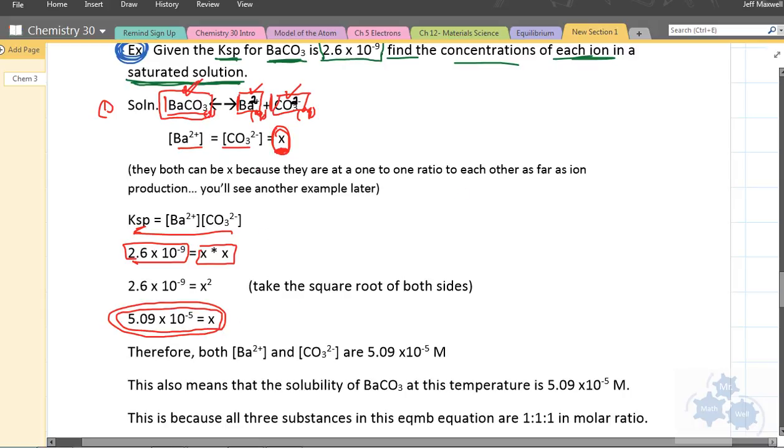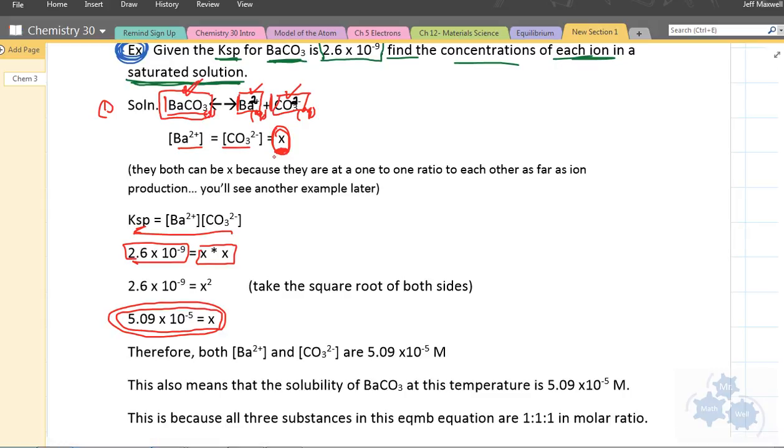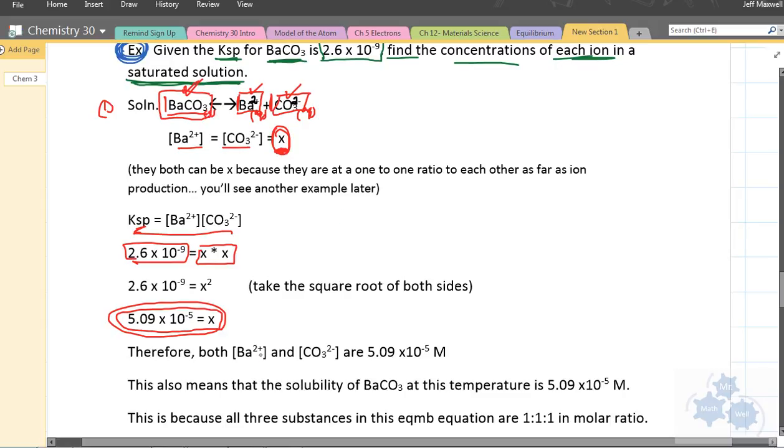And what does that value give us? Well, remember we set x to be the concentration of each of the ions at phase equilibrium. So therefore, your answer here is the concentration of barium and carbonate ions are both 5.09 times 10 to the negative 5 molar.